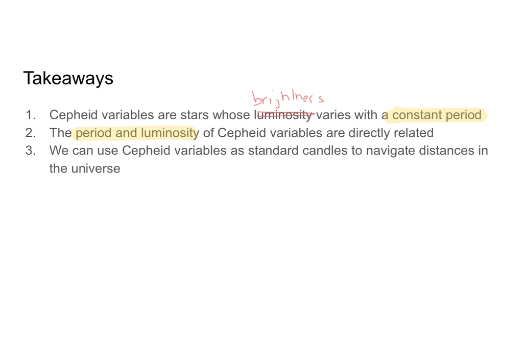So the longer the period at which it blinks, the more luminous the star. And because luminosity and period are directly related, we can use period to find luminosity. Knowing both brightness and luminosity, we can determine the distance between us and a known Cepheid variable. And because of this, we call Cepheid variables standard candles.